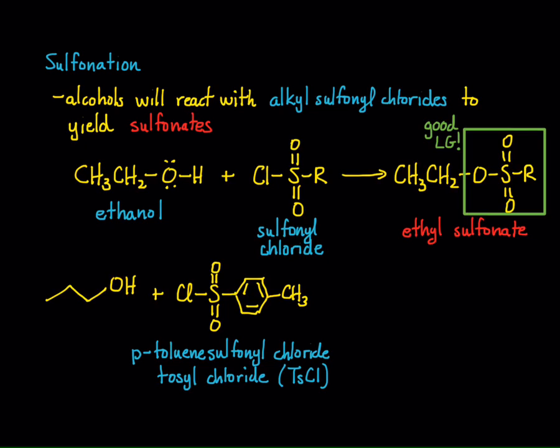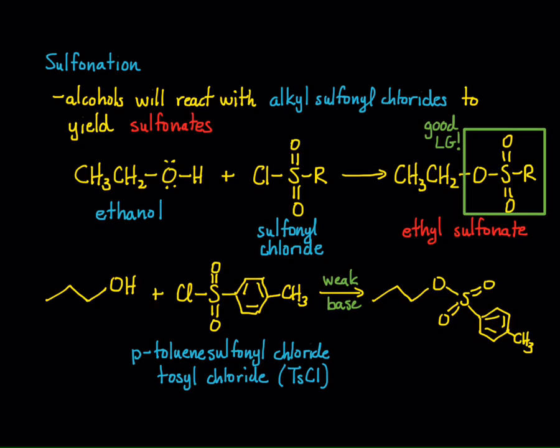So oftentimes you'll see this as a reagent. You'll see an alcohol reacting with TsCl. That's tosyl chloride. And you typically use a base, again, to scavenge HCl that's being produced in this reaction, and you produce this, right? So this is what we would produce if we reacted ethanol with tosyl chloride.